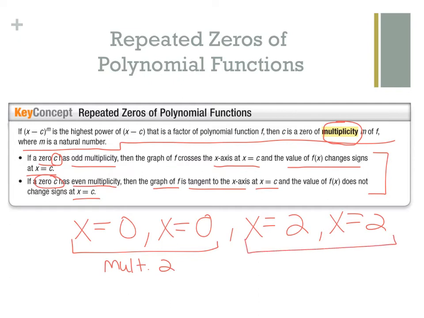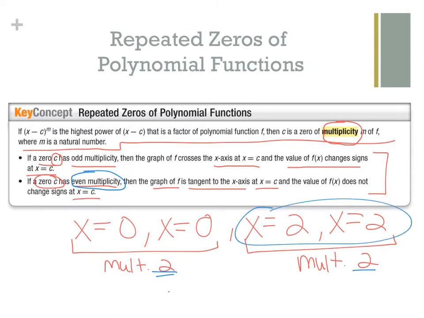And because x equals 2 repeats itself twice, it also has a multiplicity of 2. Where that lies in this definition is right here. When it has an even multiplicity, so 0 has an even multiplicity because 2 is an even number, and x equals 2 has an even multiplicity because 2 occurs an even number of times.